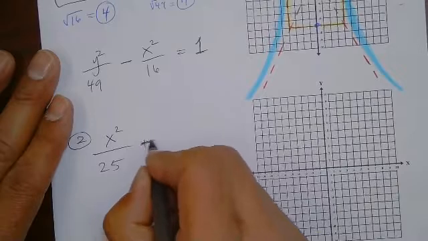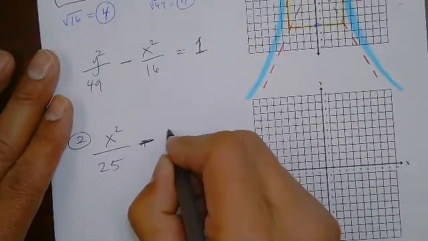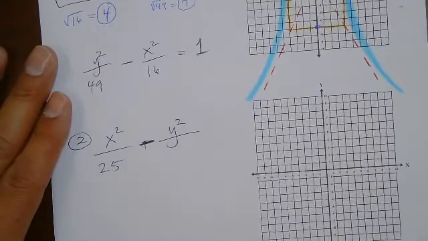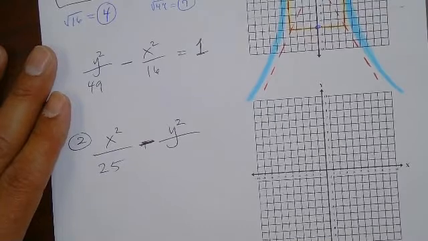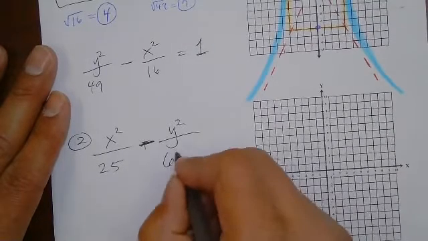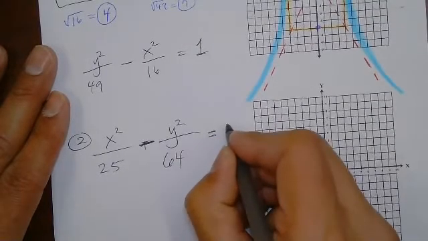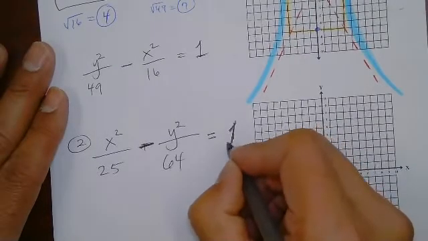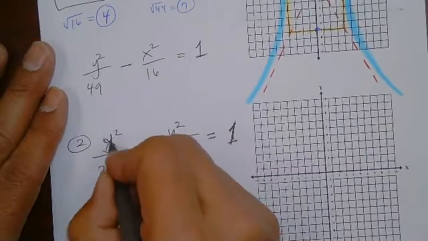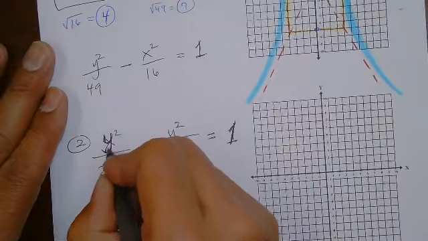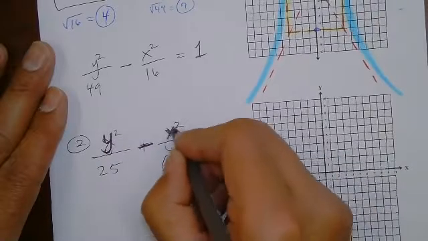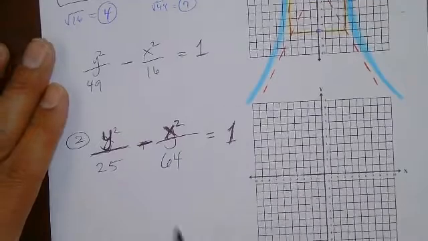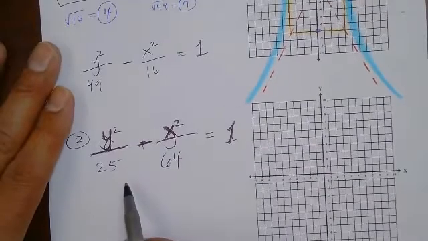X squared over 25. Oh, what the minus. It's a hyperbola. Y squared over... what am I going to do here? No, I did the same thing. Oh my God, I made a mistake. I didn't want that, sorry. Change this one to the y squared. I want the y squared over here and the x squared over here.